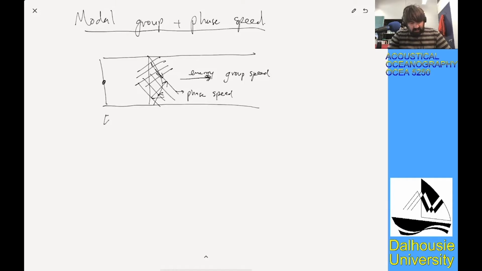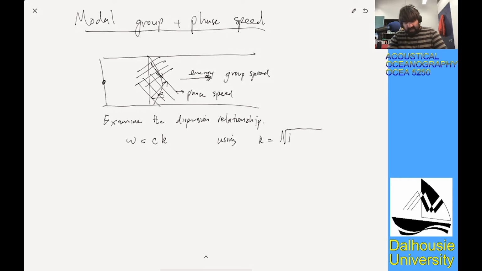So let's examine the dispersion relationship. Okay, so where do we start with the dispersion relationship? Well, the relationship between frequency and wave number. So we have this nice little wave number relationship we can also use in our waveguide, right? k is equal to the square root of kr squared plus kz squared.